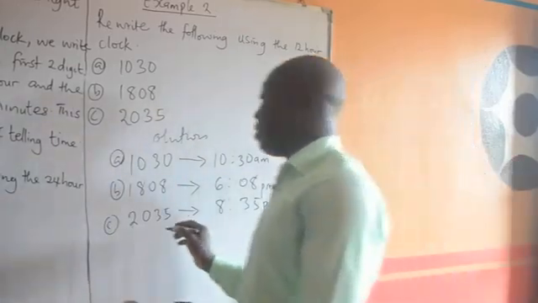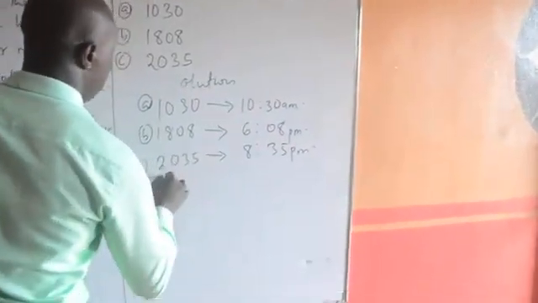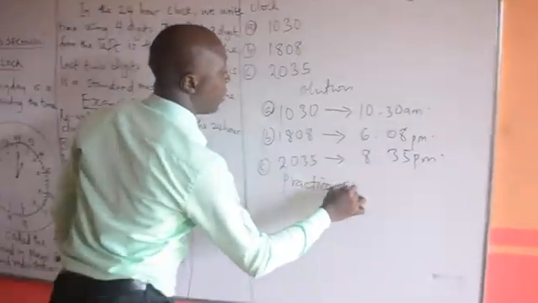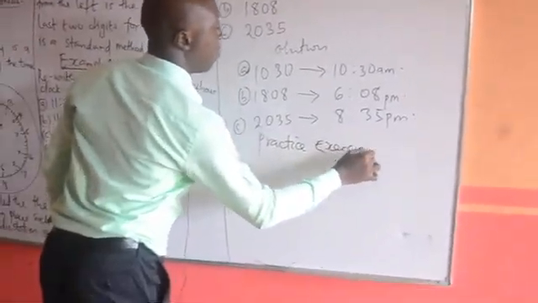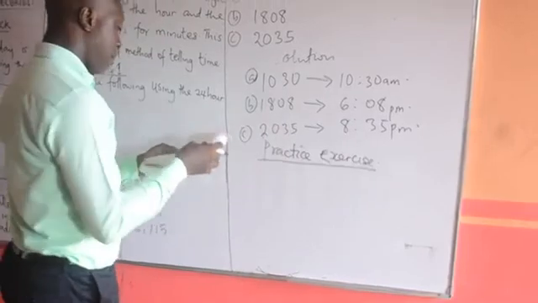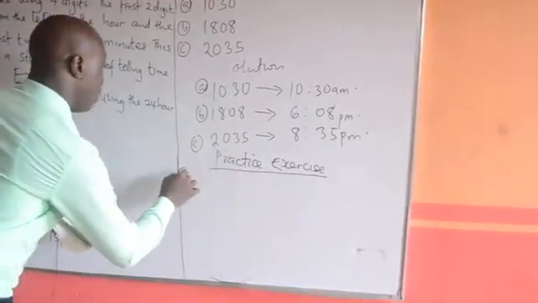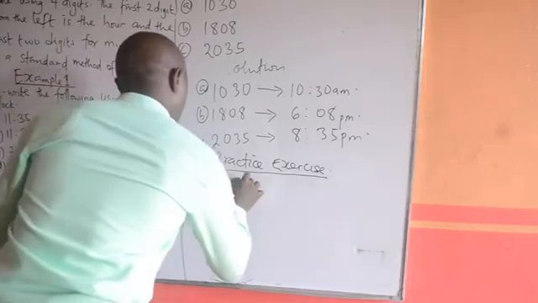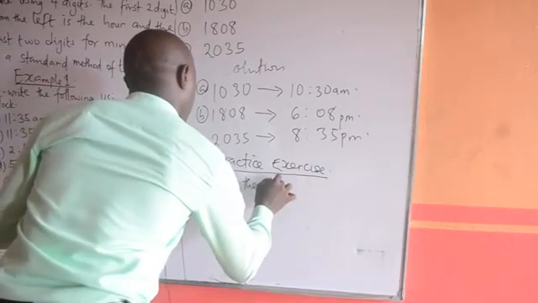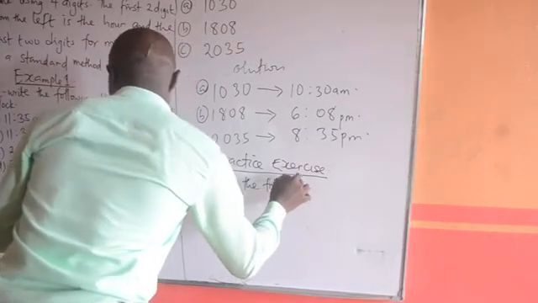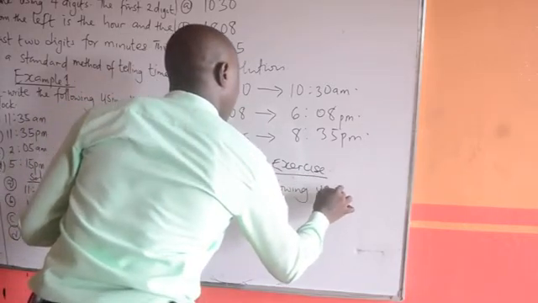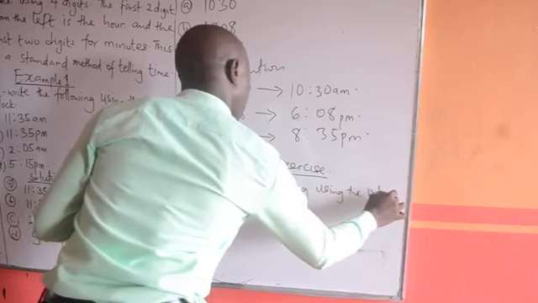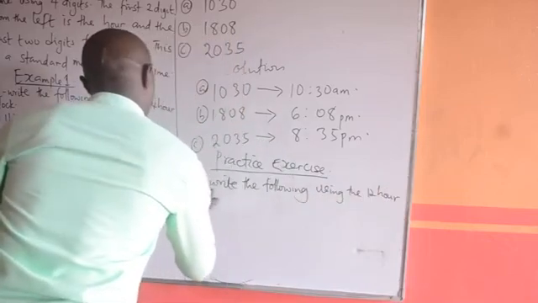So we have some practice exercises. Practice exercise 1. Rewrite the following using the 12-hour clock.